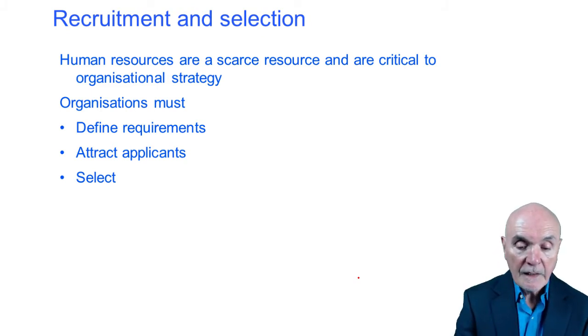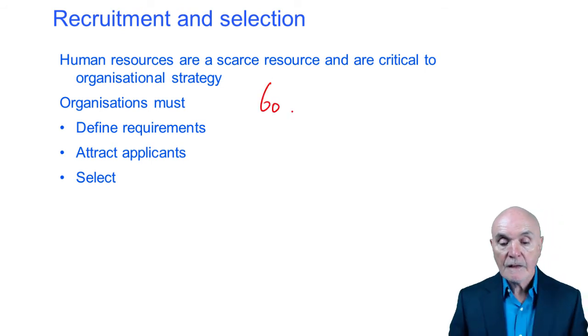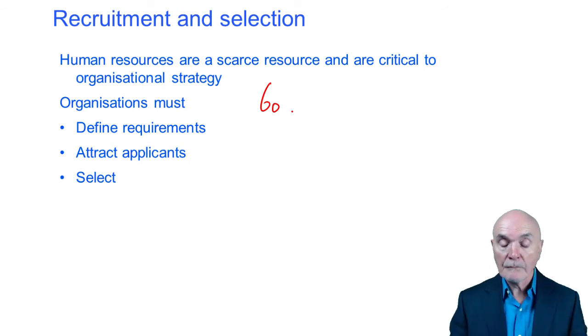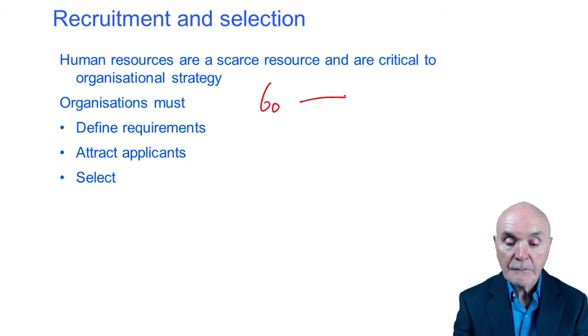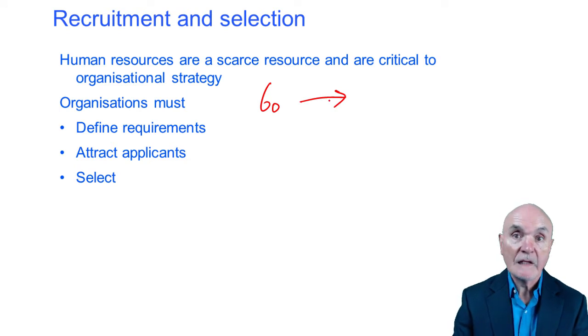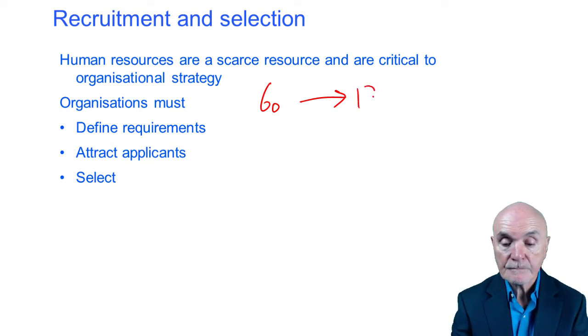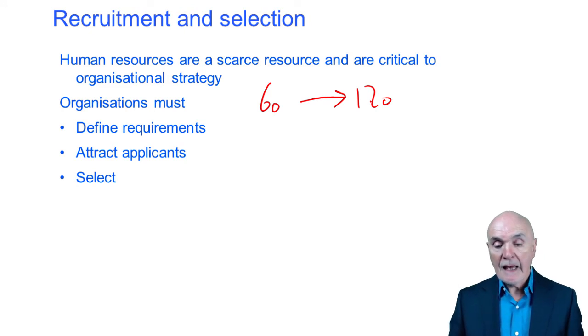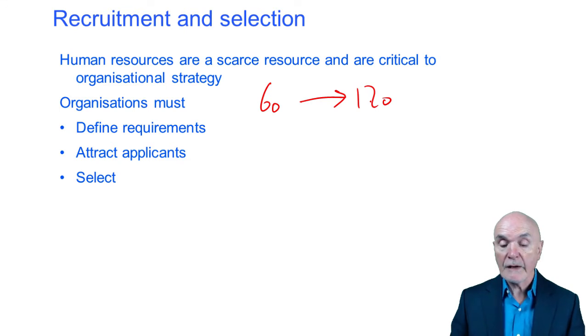So if we, for example, have got maybe 60 engineers, and what we're planning is to maybe double the size of our business in, let's say, 3 years, we know we're going to need 120 people. And let's say in 3 years, we lose about 10 per annum.